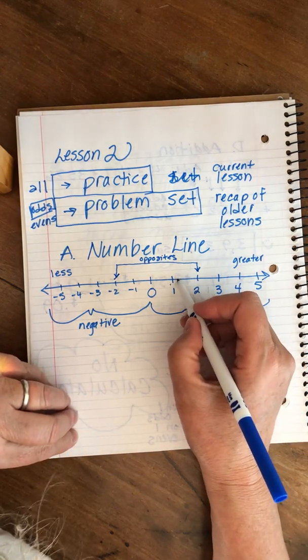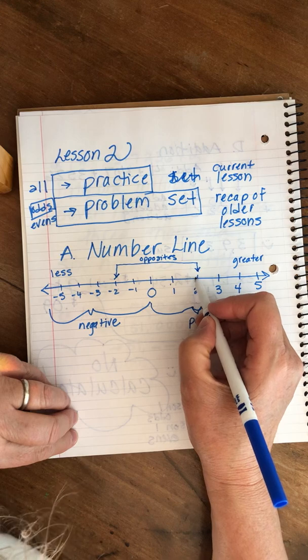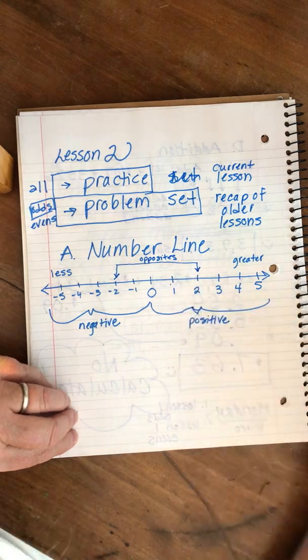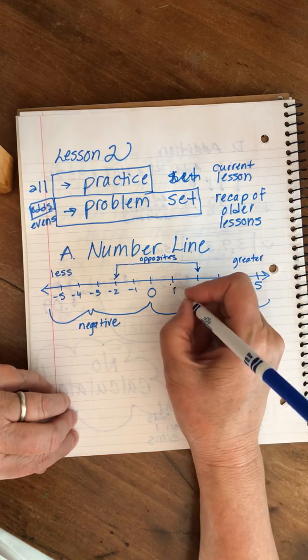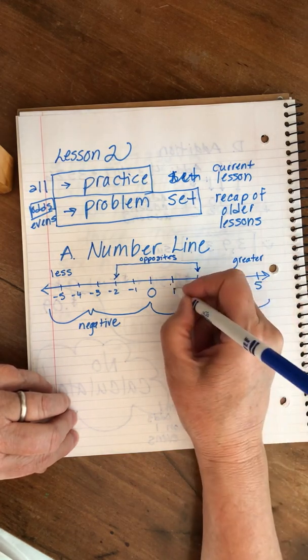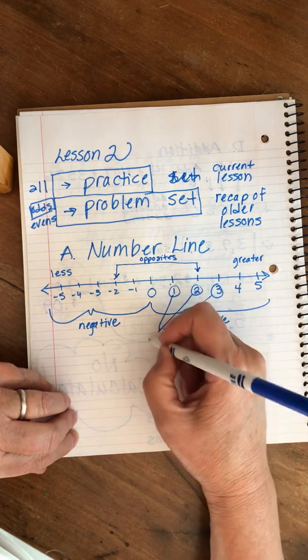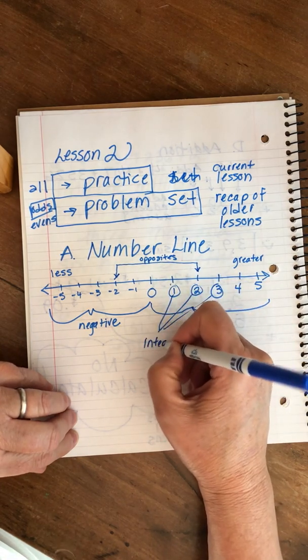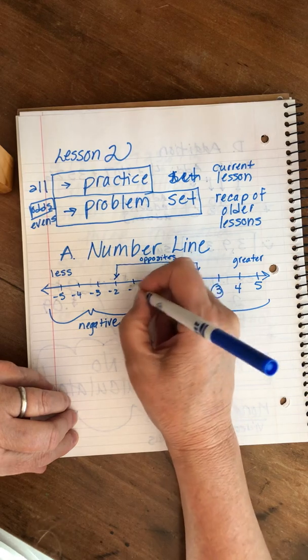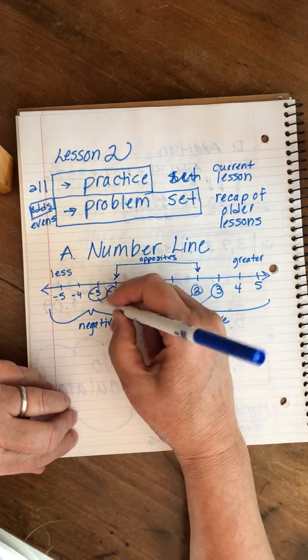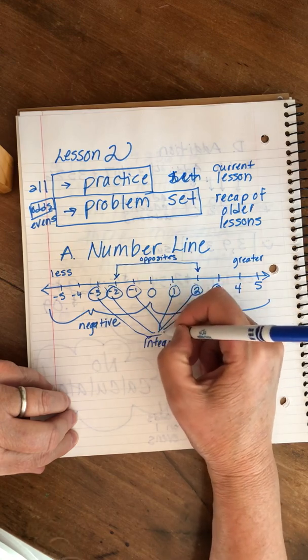As you guys know, there's tiny fractions and decimals that we could write a huge number of in here, right? But right now we're just talking about the numbers at the tick marks, like this and this and this. These numbers are called integers because they include negative numbers as well.